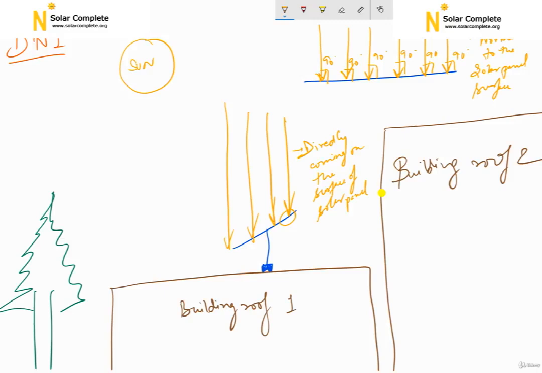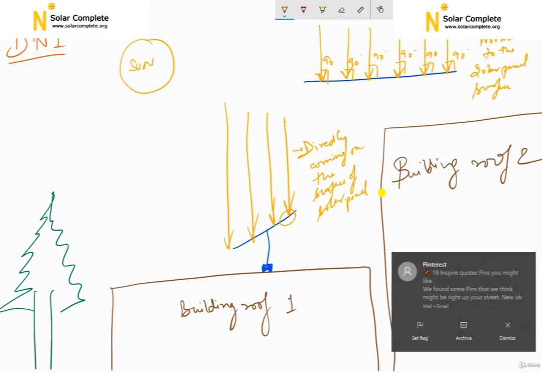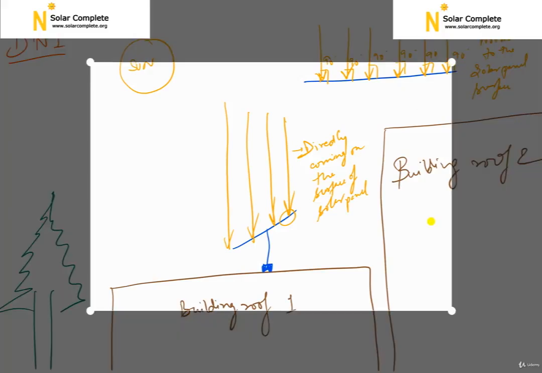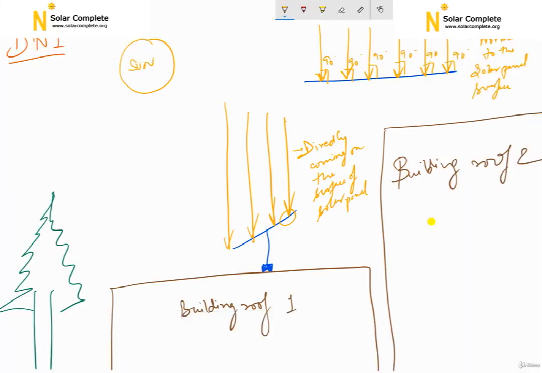Now DHI sun rays will not be coming directly, nor are they hitting the solar panel surface at 90 degrees, but they are actually diffuse sun rays, or they are reflected from any other object like a building or trees. Then they come on the solar panel surface, or they are diffused. So anything but a case of direct.